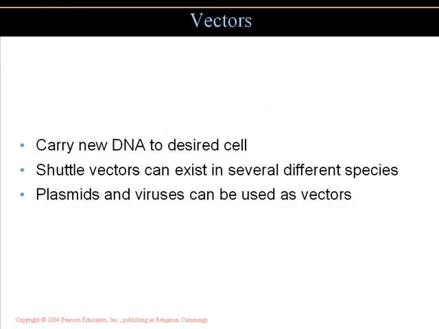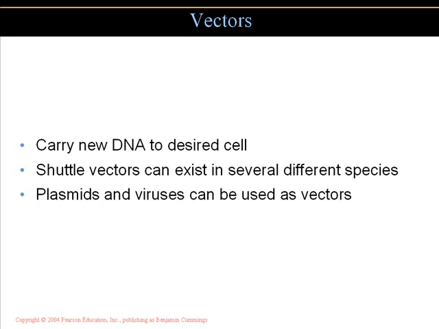What are vectors? Again, vectors carry new DNA into desired cells. Shuttle vectors basically can exist in different types of species. Plasmids and viruses are basically used as vectors. Now, don't confuse this definition of vector with what we use as vector later on in the semester.